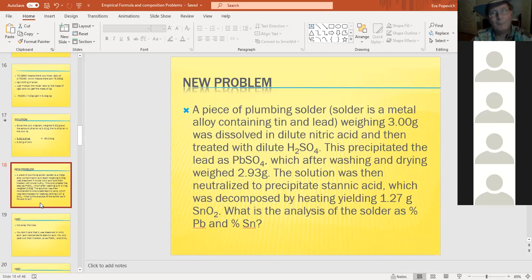Like, you want to find out the percent of lead in that? There we go. Can you find the percent lead in the lead sulfate? Yeah. Okay. Once you find a percent lead in the lead sulfate, what are you going to do?